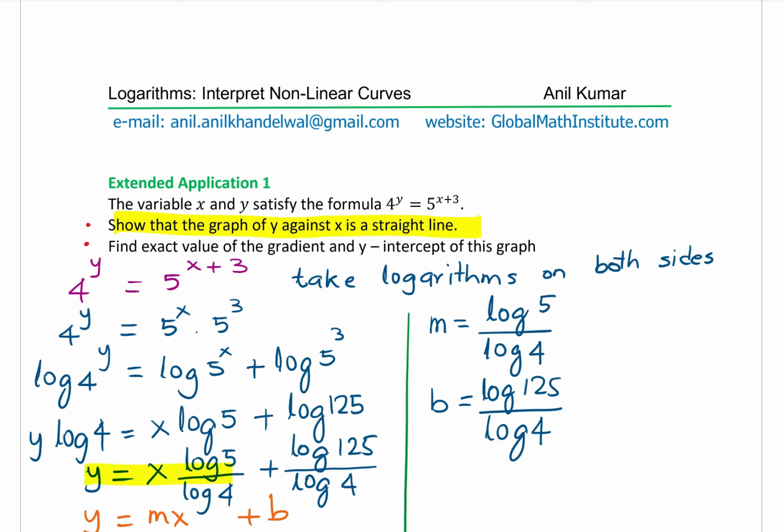This equation is the equation of a straight line because log of 5 over log of 4 is a constant, and the y-intercept b is also a constant.